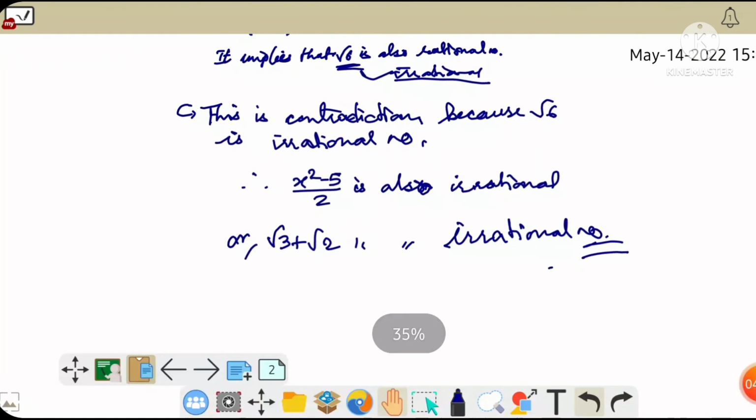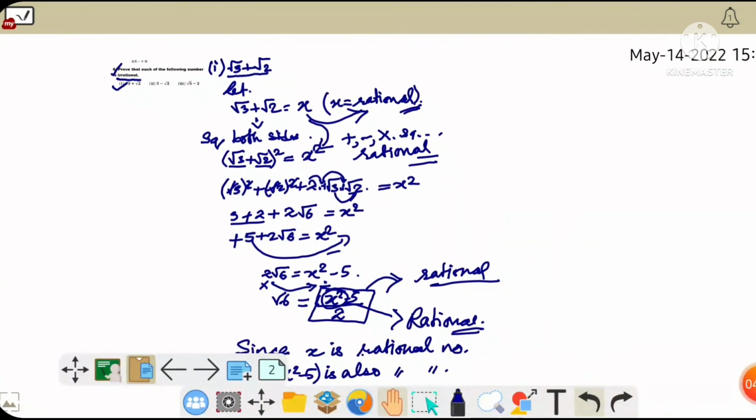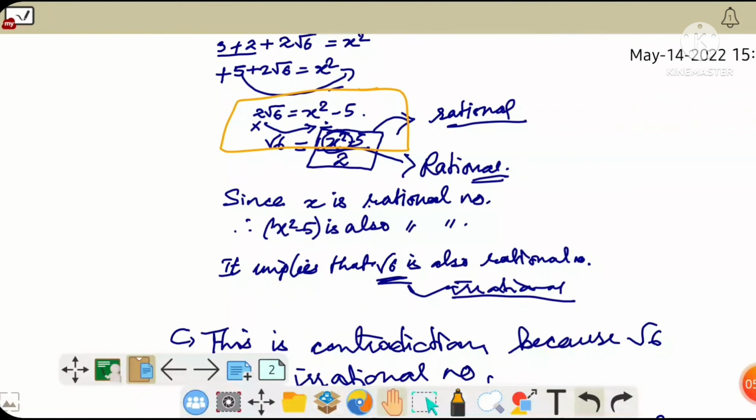Let's have a look again at how you prove that it is irrational. First we took the whole number as rational, taking x as a rational number, and squaring both sides. We remove the roots, and by solving we got the value of root 6.